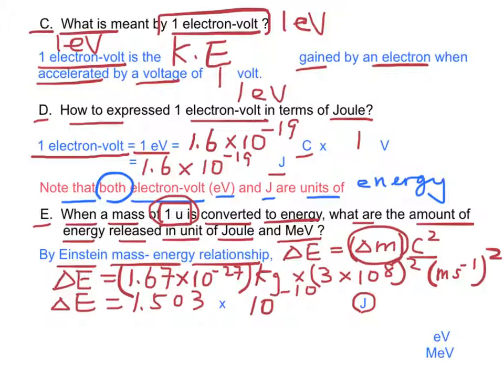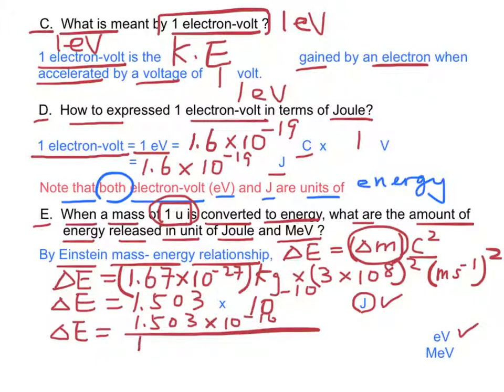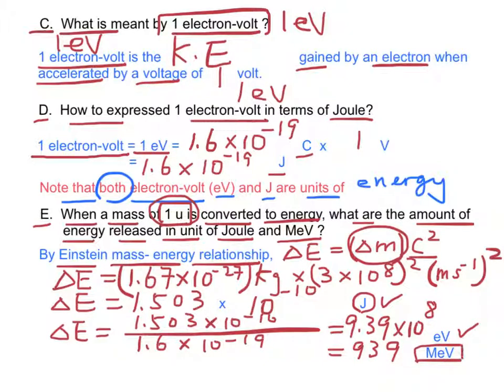When changing the units of energy from joules into electron volt, the energy released will be equal to 1.503 times 10 to the power negative 10 over 1.6 times 10 to the power negative 19 eV, which is 9.39 times 10 to the power 8 eV, or equal to 939 MeV, because 1 MeV equals 10 to the power 6 eV.